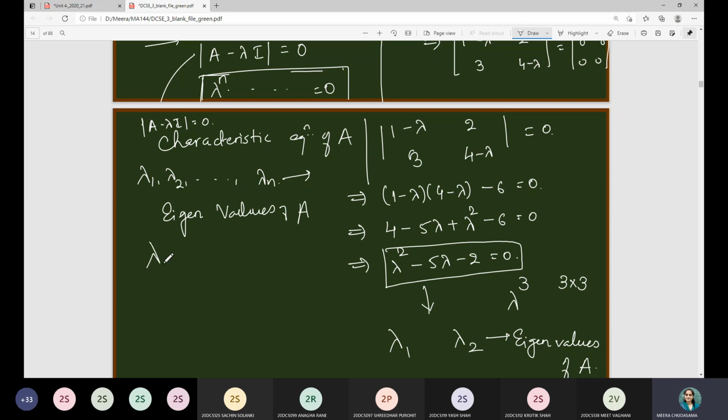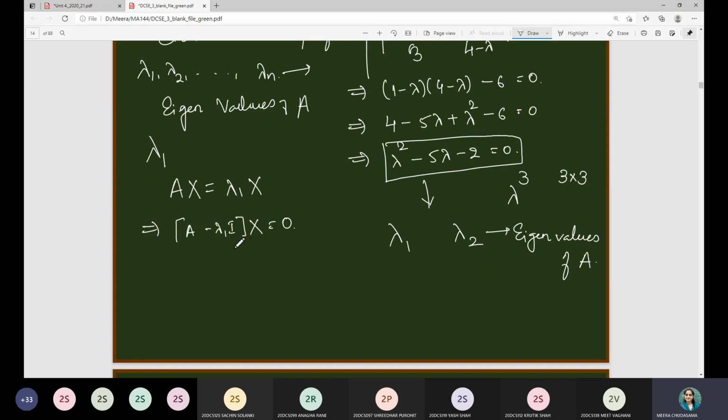Now, corresponding to lambda 1, if I consider the expression Ax is equal to lambda 1 x, in that case, A minus lambda 1 I times x is equal to 0. This will give you a system. So lambda 1 is now known to you. All the entries of A are also known to you.